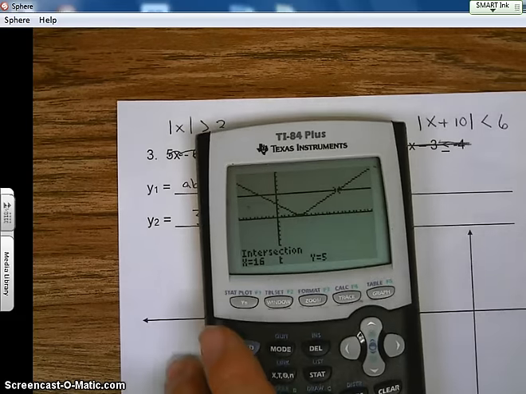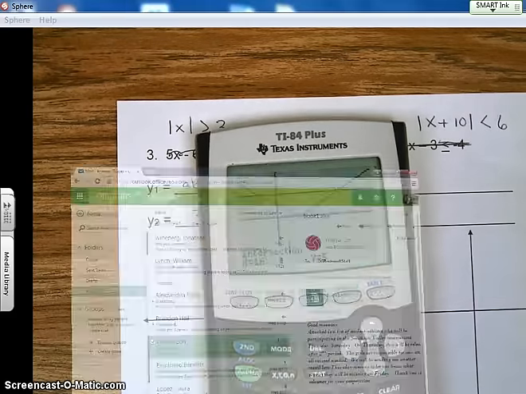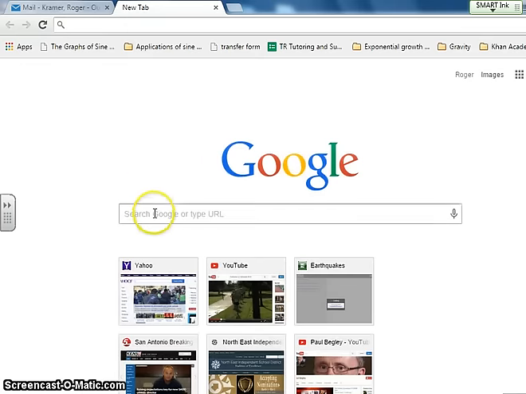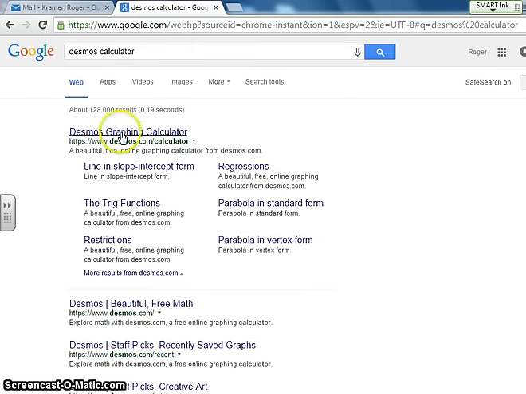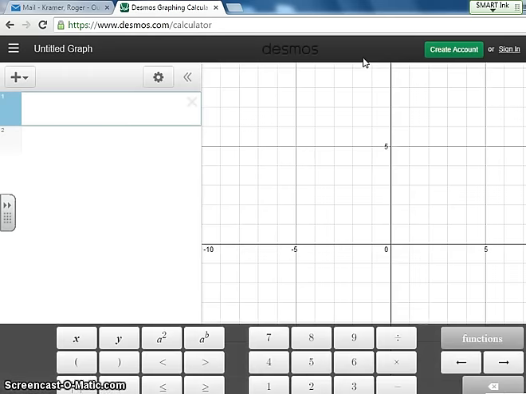Let me just take a moment here to give you another resource. If you go onto the internet, if you have that available, and you type in Desmos Calculator, it'll bring up a calculator that you can use. It's not like the one we use at school, but you can graph here.